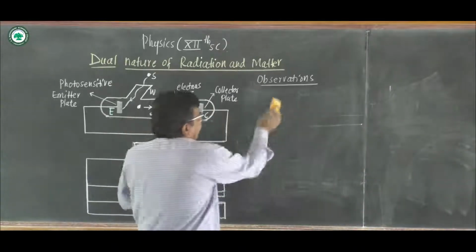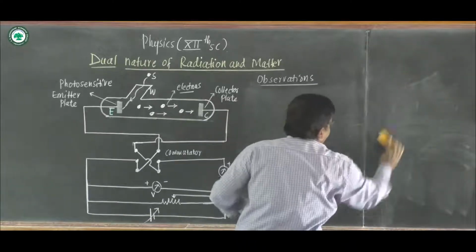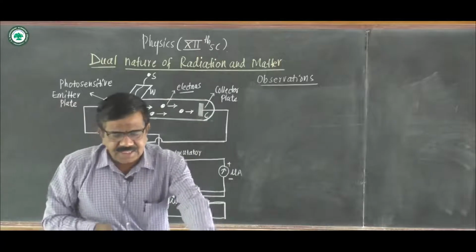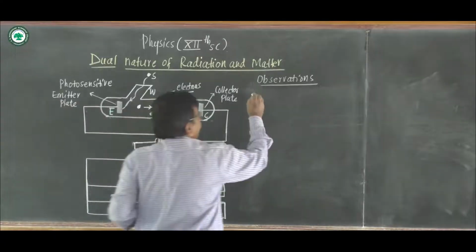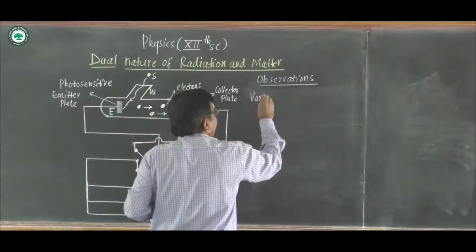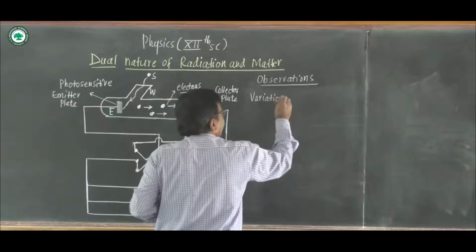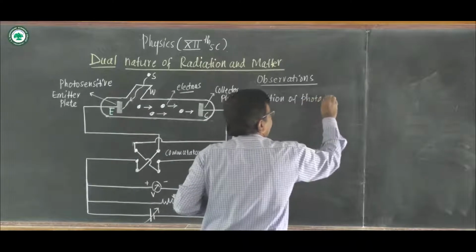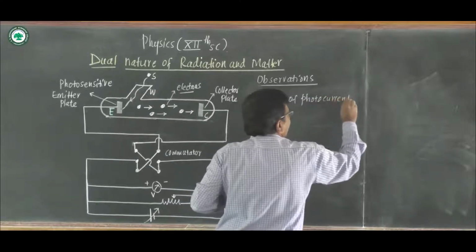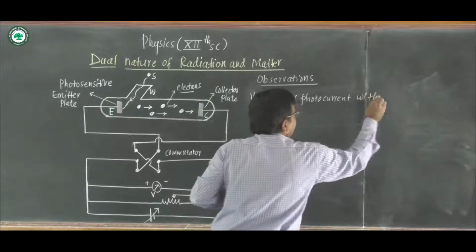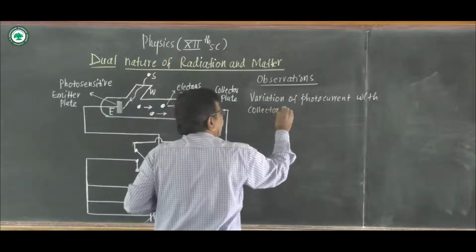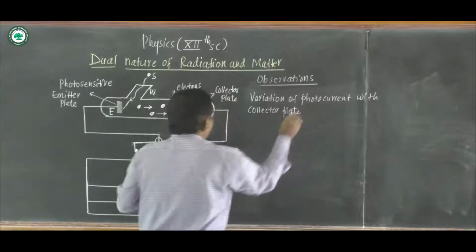Variation of photocurrent with collector plate potential. Collector plate means this plate.